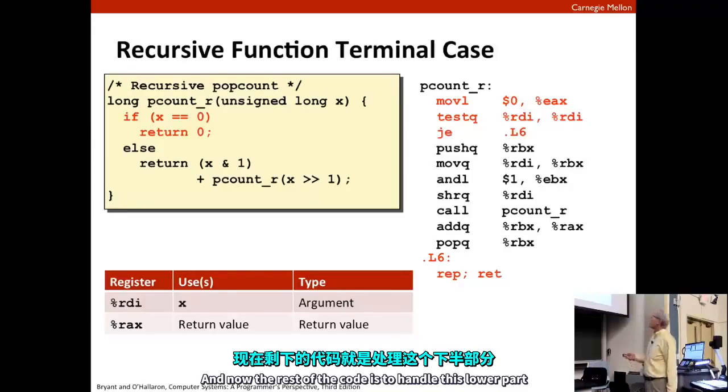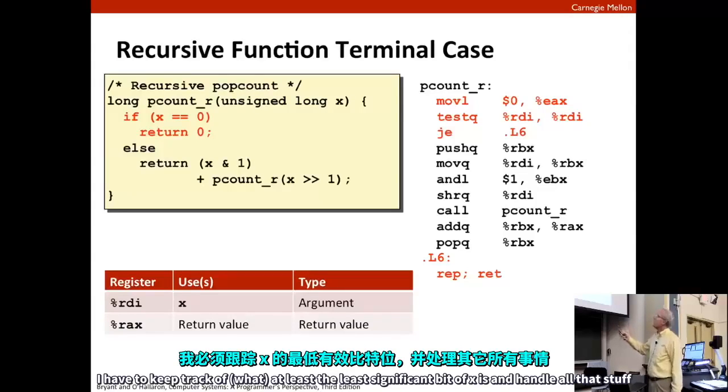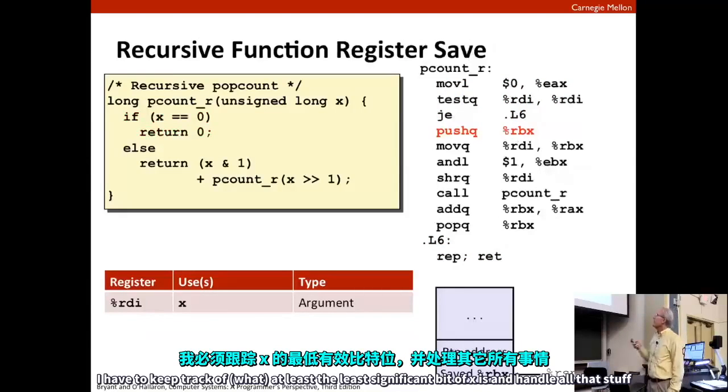And now the rest of the code is to handle this lower part where I have to set up the arguments to the recursive call. I have to keep track of what at least the least significant bit of x is and handle all that stuff.